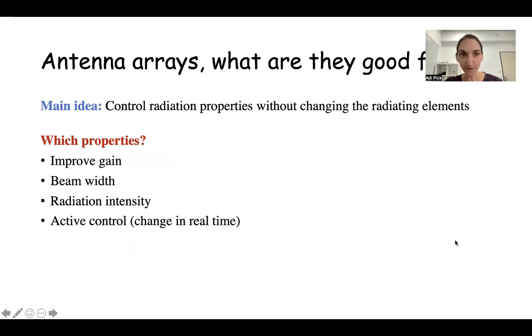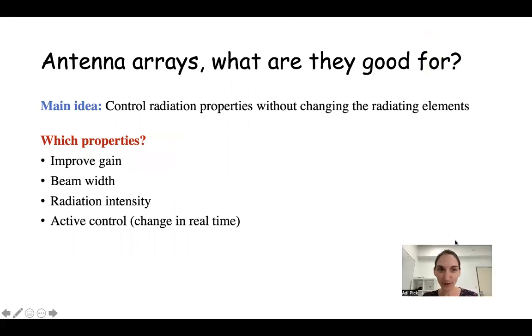So first things first, antenna arrays, what are they good for? The main idea of stacking an array of antennas is to achieve control over the radiation properties without actually changing the individual elements. So which properties can we control?